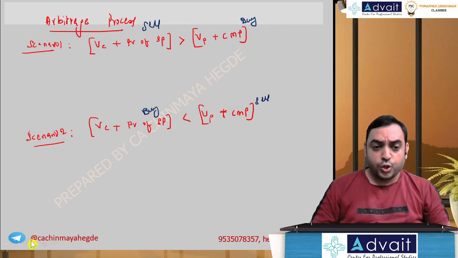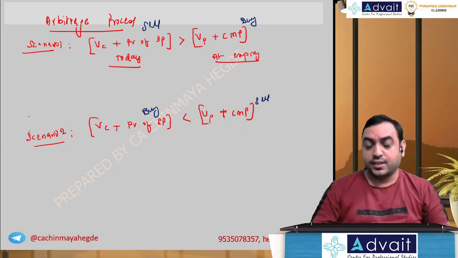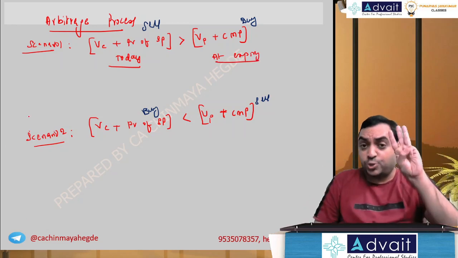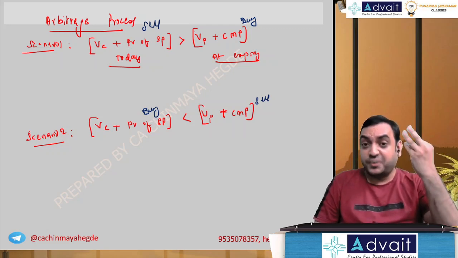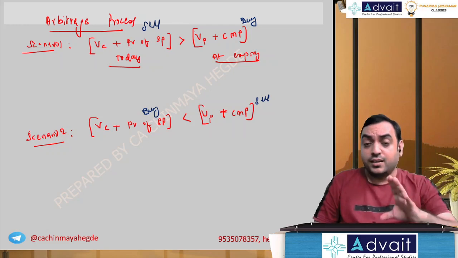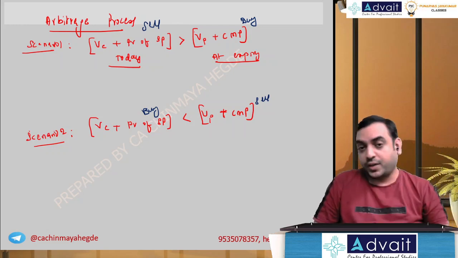So you will have two columns basically: what position you take today and what position you take at expiry. And you will have four markets. In futures, we had three markets: spot, future, money, SFM. Easy to remember. But here in options, I have two kinds: call separately, put separately.